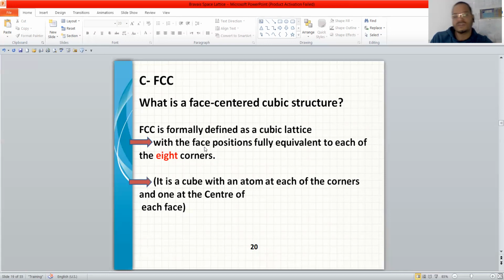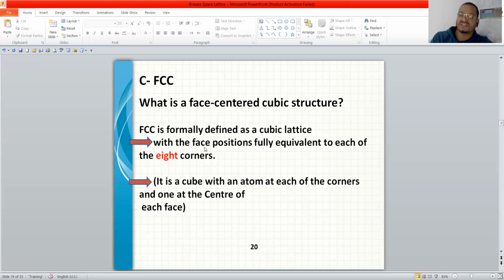That means we have the same information: atoms, or parts of atoms, in each corner, equal to 1 divided by 8, plus atoms positioned at each face of this cube. Let's go deeper into the information. It's a cube with an atom at each of the corners and one at the center of each face. Like we know, we have 6 faces. That's right.